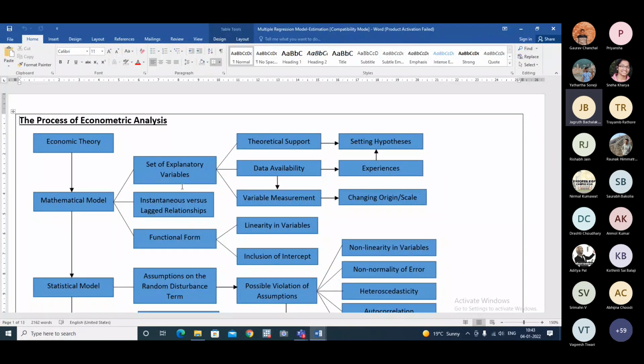Again, it may so happen that I have studied some aspects in theories, but experiences may also matter. From experiences, particularly those who carry out primary surveys.